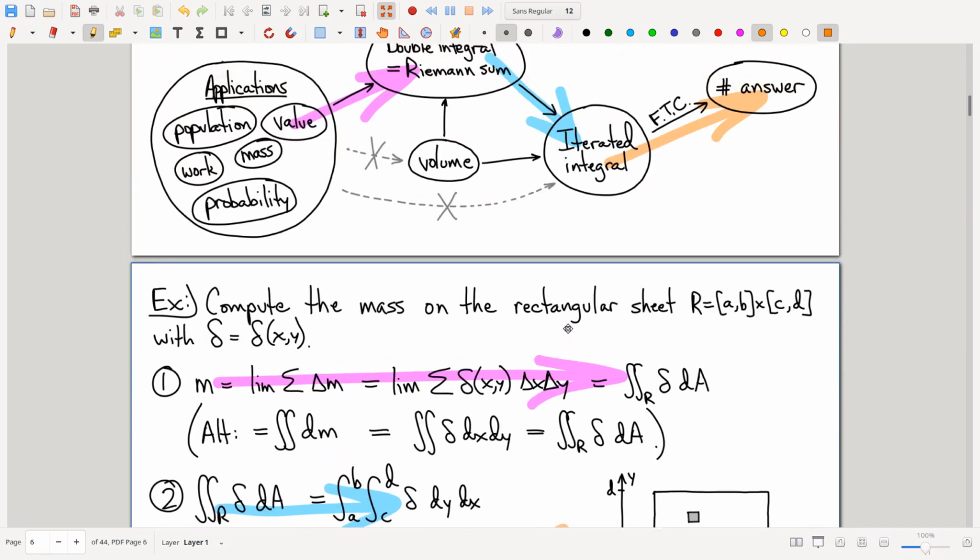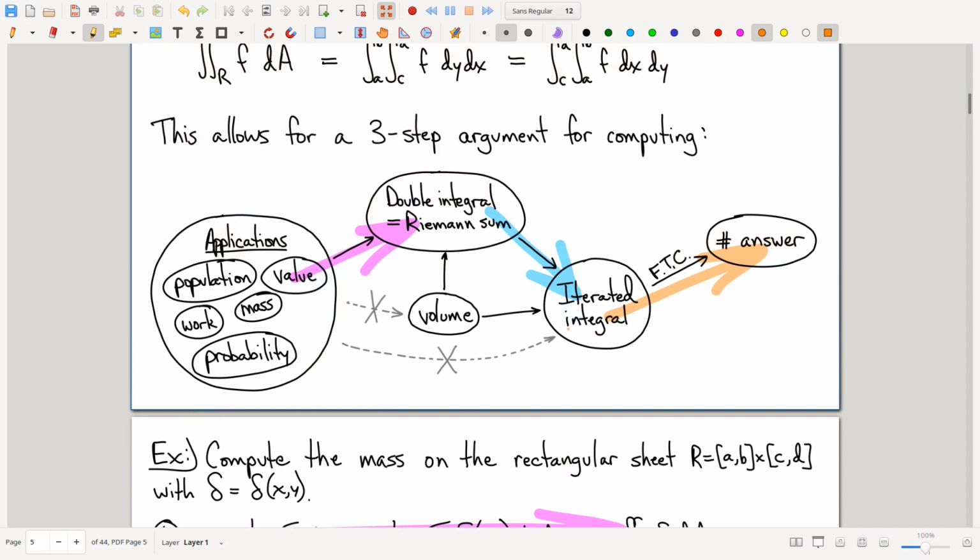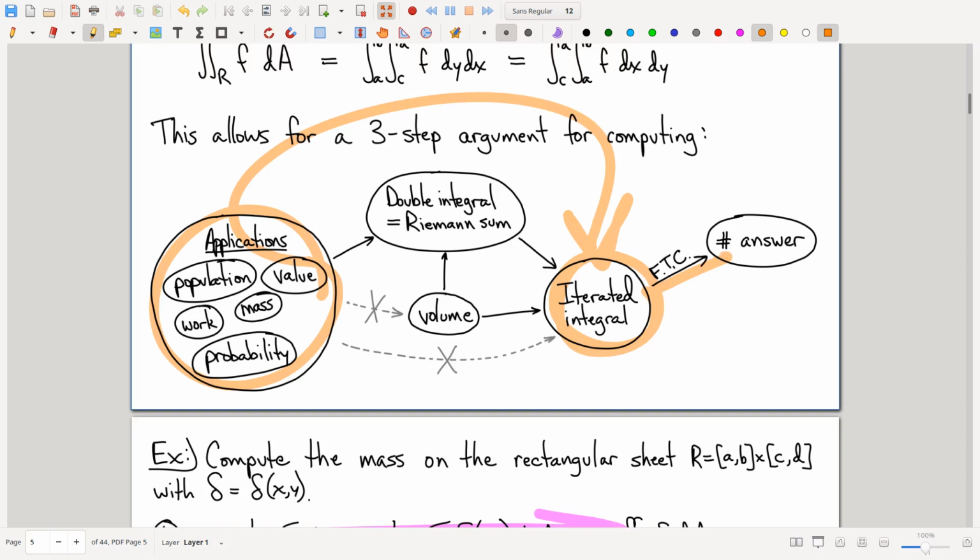Okay, so notice when you solve one of these problems, I do need to see all three of these steps. Keep in mind, this is not a class about answers, it's a class about reasoning. Very often, students think to themselves, well, yeah, but it's obvious, of course I meant double integral. Well, this is the material of the course. You can't assume that I will assume that you understand the material of the course.